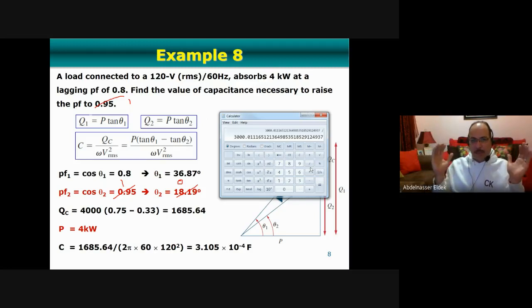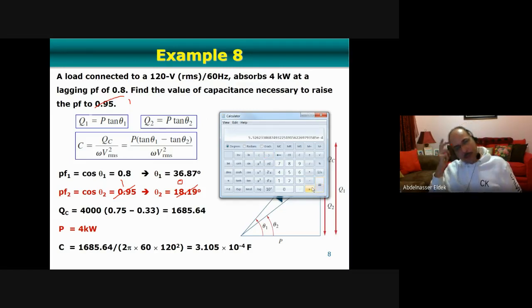Divided by, of course, you can make a bracket and put 2 times pi times f times V root mean square squared, or you can just repeat divided by: divided by 2, divided by pi, divided by the frequency 60, divided by 120 squared. Then you say equal.